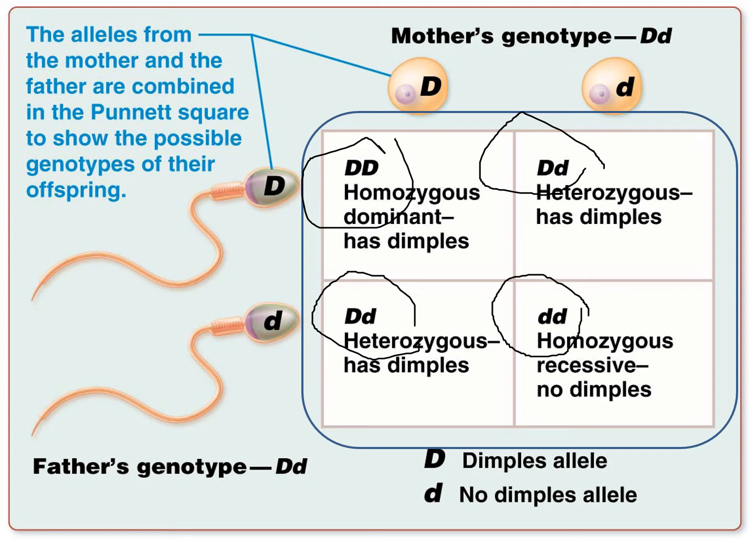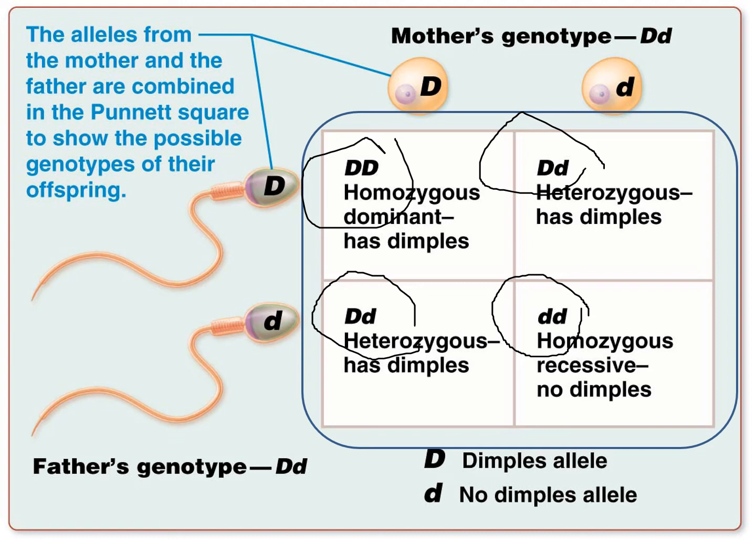So these are all the different permutations of the genotypes between two parents that are both heterozygous for dimples. Now remember that having dimples is a dominant trait, so both parents do have dimples. That's their phenotype. But the genotype is being heterozygous. They both carry a recessive gene.